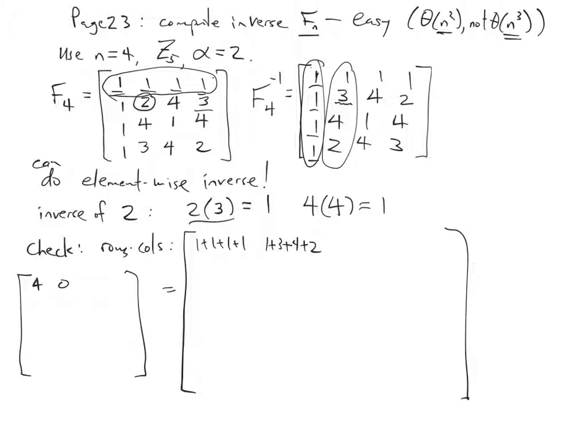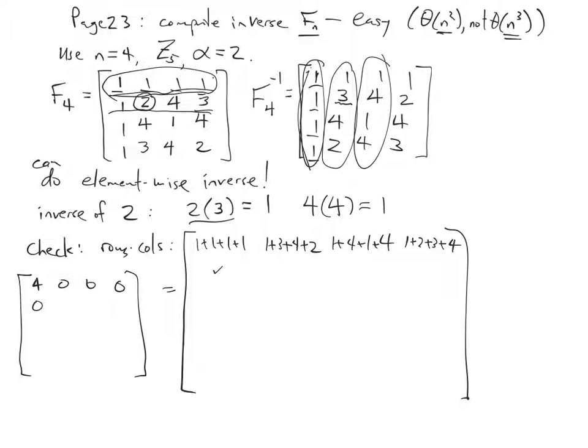And then the first row times this column gives me 1 plus 4 plus 1 plus 4, which is also 0. And the first row times the last column gives 1 plus 2 plus 3 plus 4, which is also 0. So that seems kind of too easy. And obviously this row times this column is the same one we just computed.